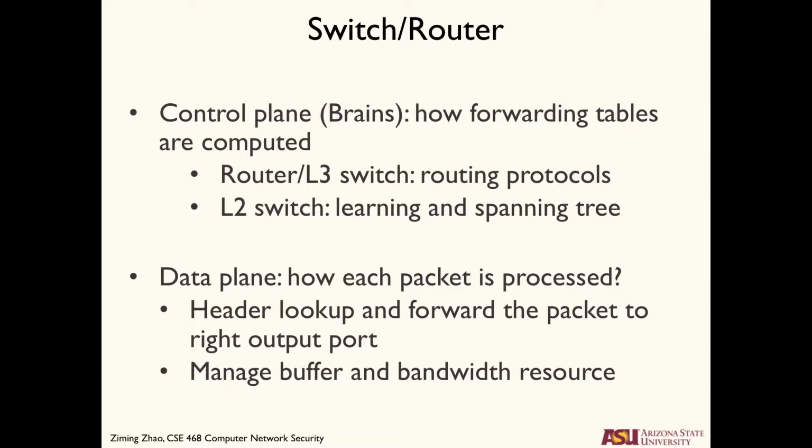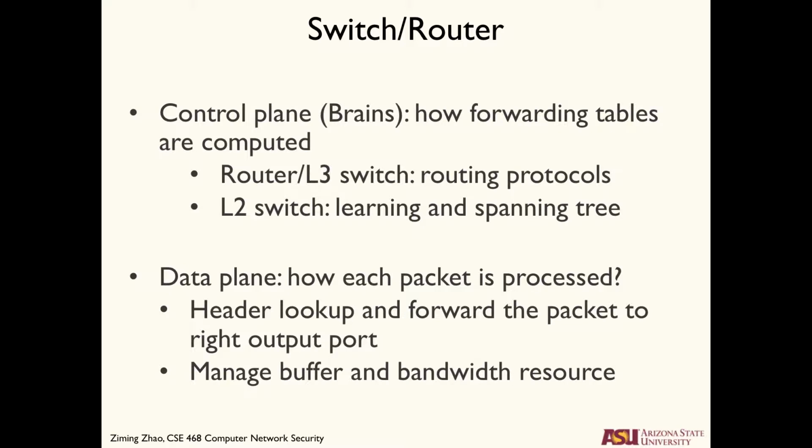Basically, whether it's a switch or a router, it has two separate functionalities. The first one is called the control plane. It's like the brain of the forwarding device. This functionality decides how to compute the forwarding tables.